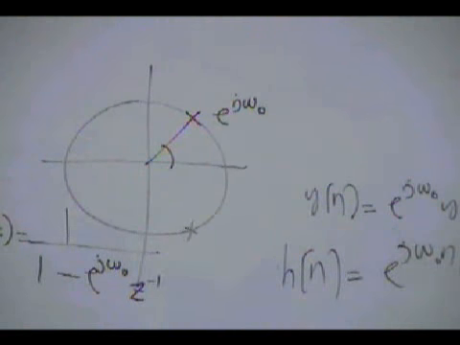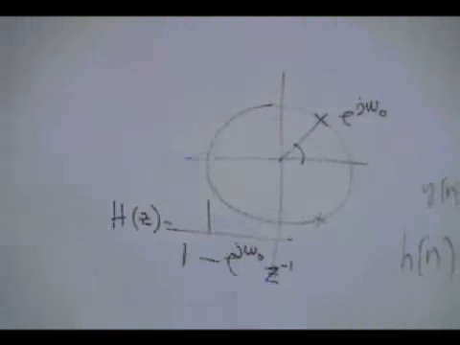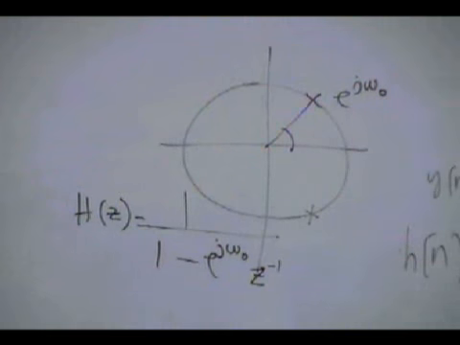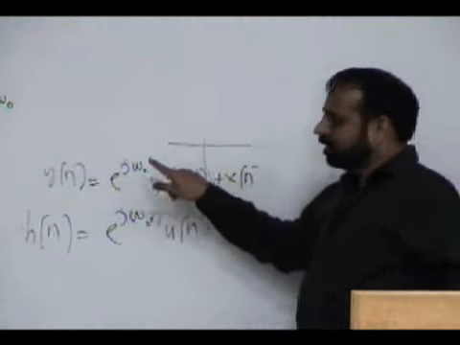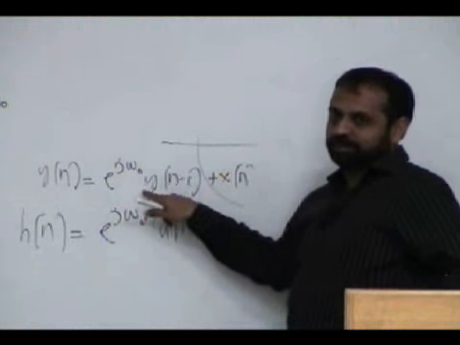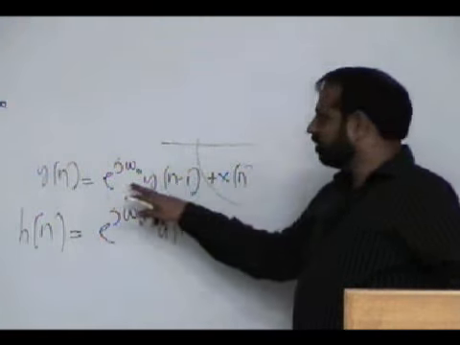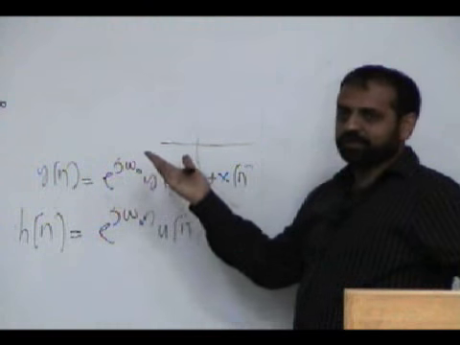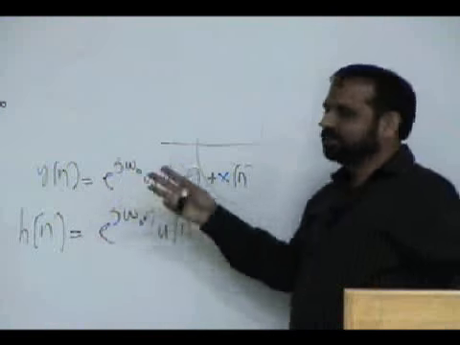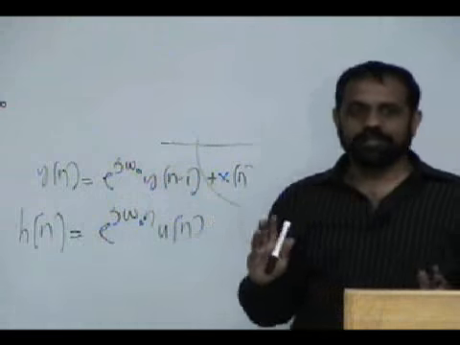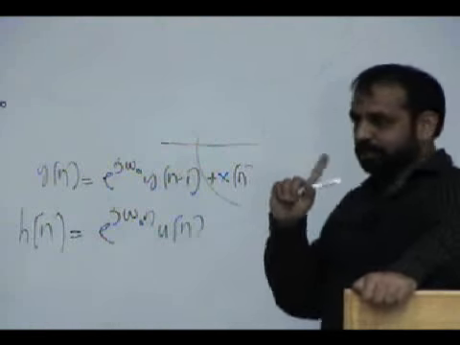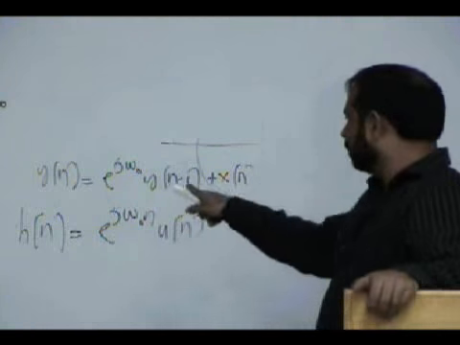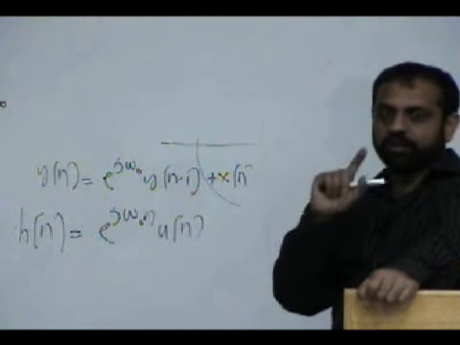So a pole here and a pole there will make sure that you don't see, remember you are here, you find a complex number here. This is a complex number. Put omega naught, let's say pi by 4. So exponential j pi by 4. This is a complex number. So if there is a single pole, not a conjugate pair, your difference equation will have a complex number.